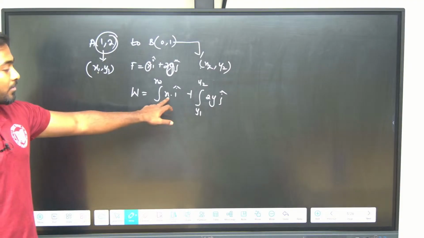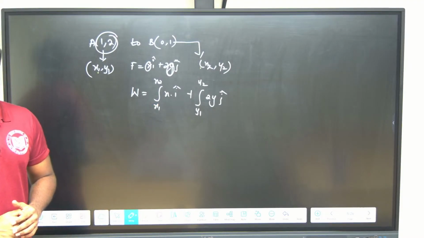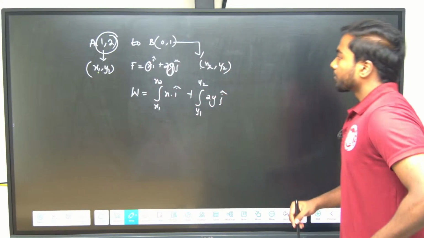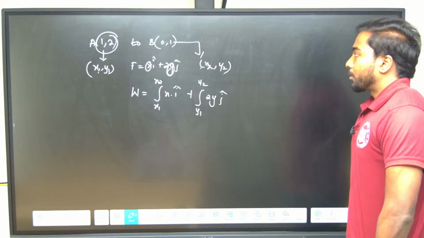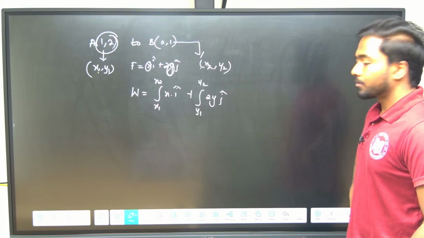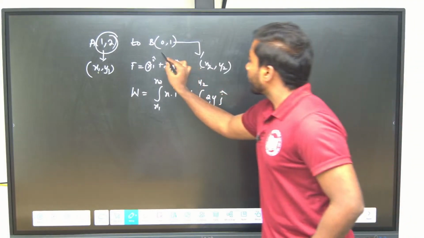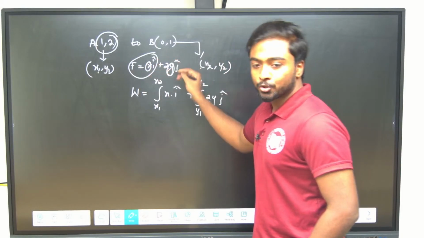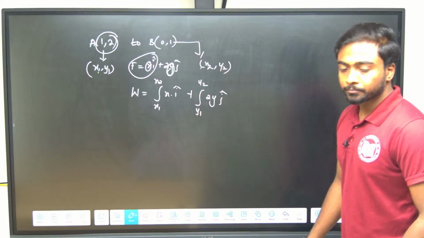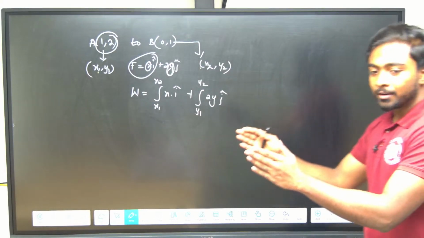So x in the sense, which one? Now A has moved from position 1 to 0. Yes, 1 to 0. And in the y axis it is moved from 2 to 1. Yes. So you can take only F equals x and F equals 2y separately also, you can do the same thing. Separately you have done and you have added it.